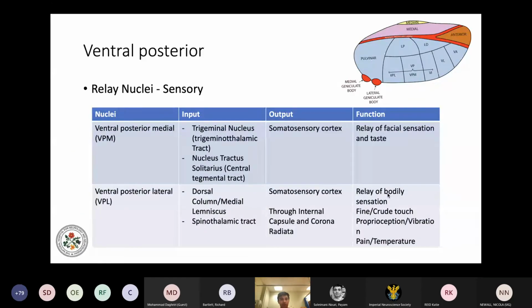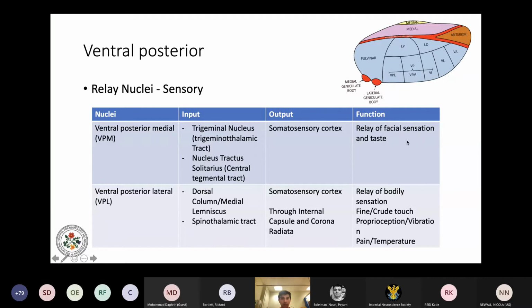Okay, we're going to look at the ventral posterior nuclei. I think we're going to ignore this one for the purposes of this lecture. We're going to look at the VPL, the VPM. Okay, as I thought a lot of you already knew, the VPM is involved in the relay of facial sensation and taste.